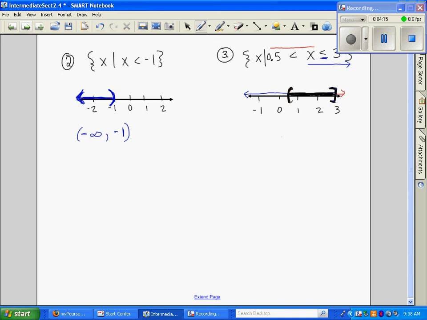If you were to see just the graph without my work shown in red and blue, it would look like this. That's at 0.5 and 3. And then interval notation is easy from that point because we just bring down 0.5 and 3 with a bracket.